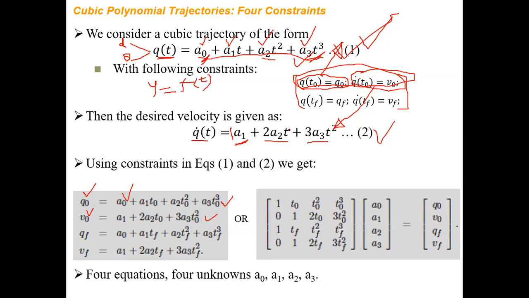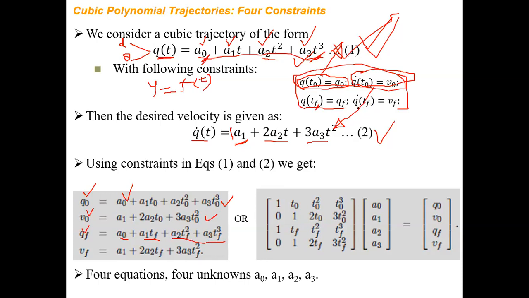Now, similarly, I use this constraint again for equation 1. If I do that, then your left-hand side will be q(tf), which is qf. Then the rest will be a0, a1 tf, remember, t is tf here, then a2 tf squared, a3 tf cubed.